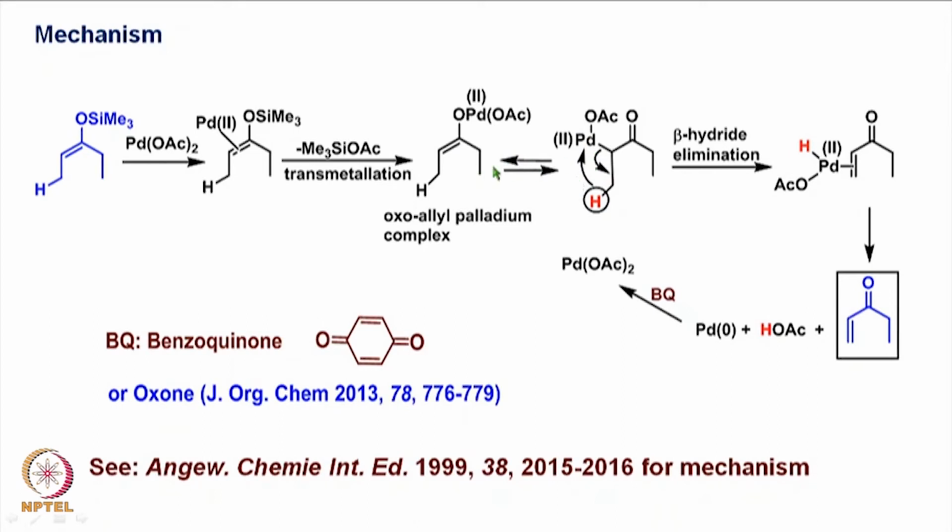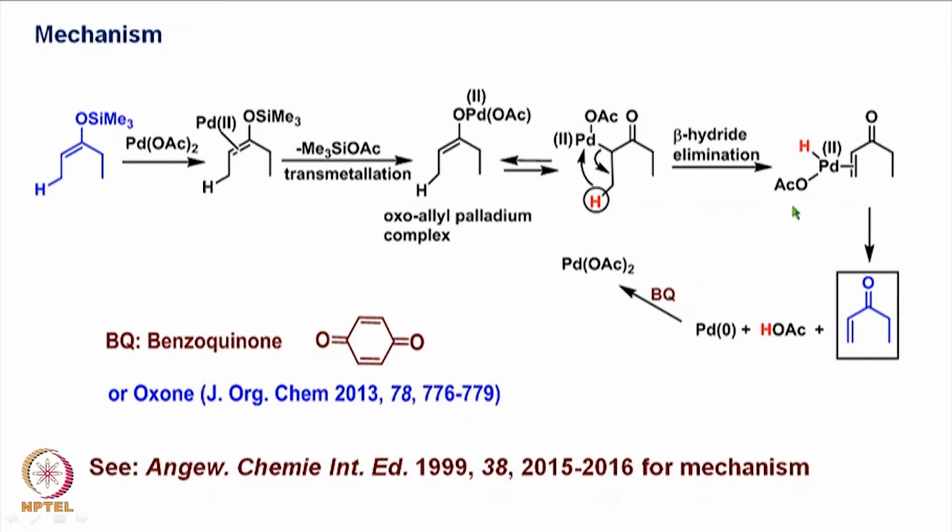Now these two species would be in equilibrium, and this particular species which has a hydrogen at the beta position, for example this is the alpha position and this is the beta position, so there is a possibility of a hydride transfer from here to here, and subsequently there is a loss of the carbon palladium bond here to make it a double bond.